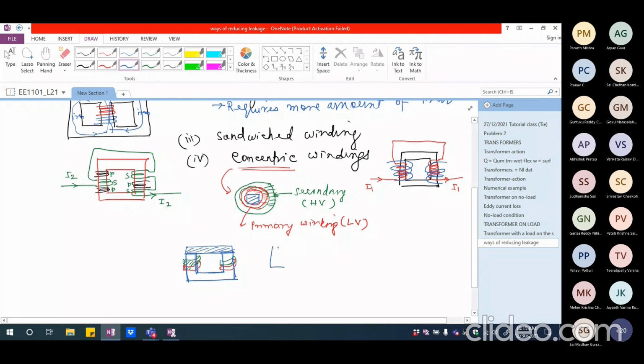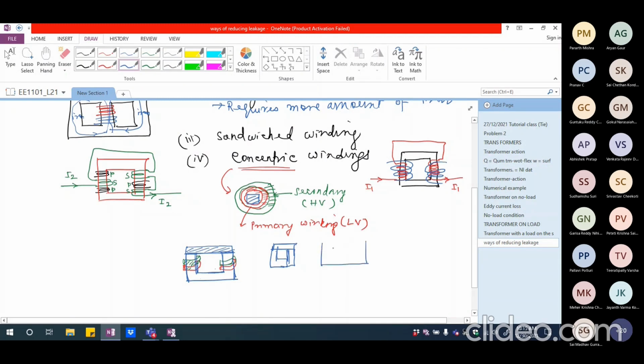You may have the core L-shaped and you may have another L shape like this, and you may try to close them down with each other. So you can have one L shape from here and another L shape from here, or you can have U shape. Sometimes you will have E-shaped cores, something like this.